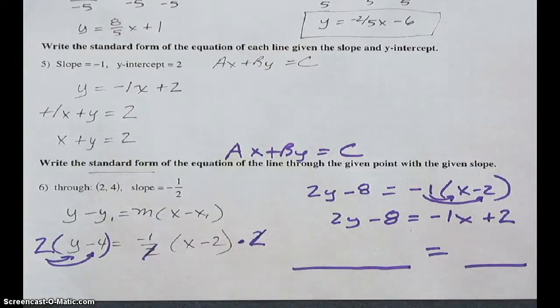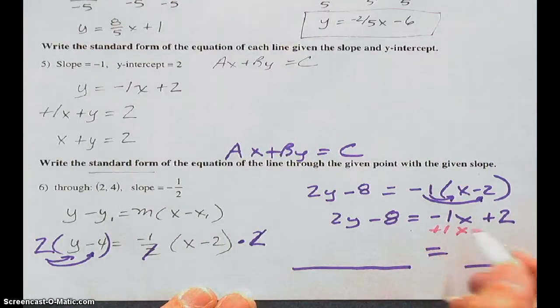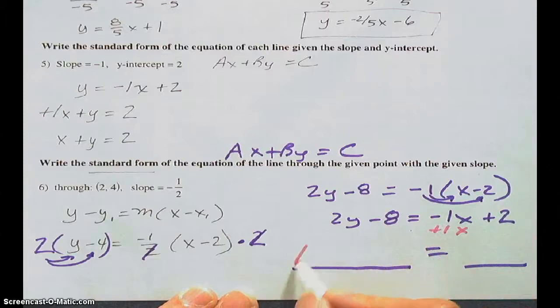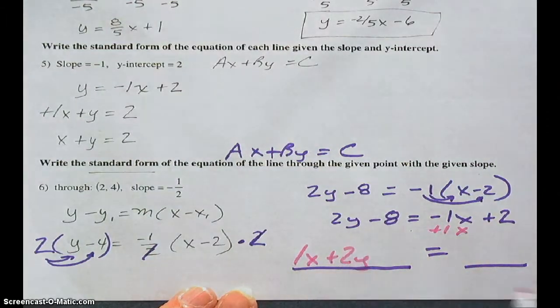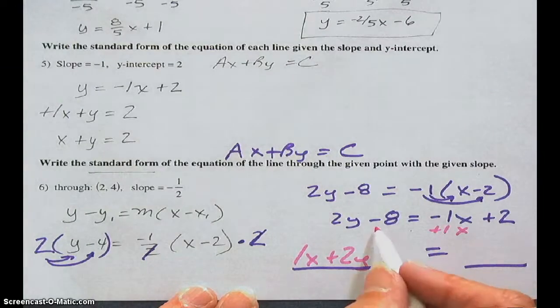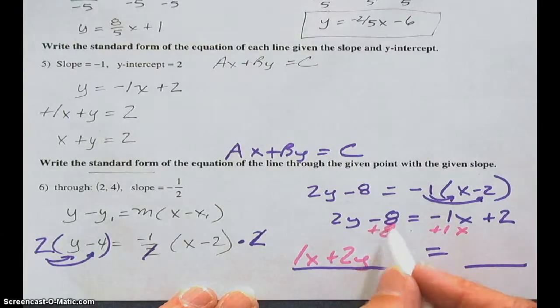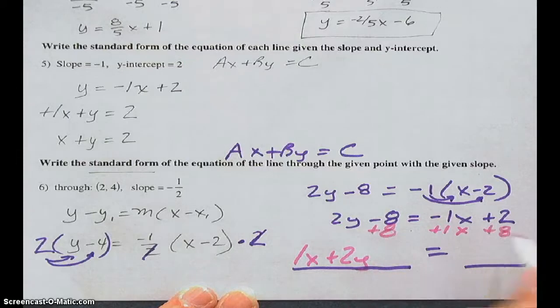But notice right now the a coefficient is negative, but when we put it to the left-hand side, remember good math is adding the opposite. So we have a 1x, this is a positive 2y, and it's supposed to equal some number. So I have a number on this side and I have a number on this side, and all numbers go on the right-hand side. So algebraically, we always do the opposite. So this standard form, 2 and 8, will be equal to 10.